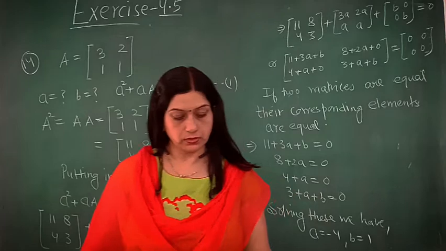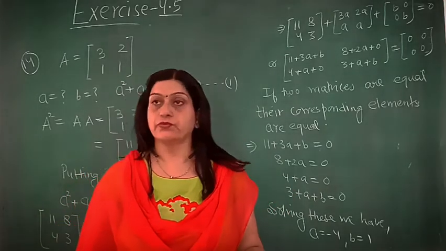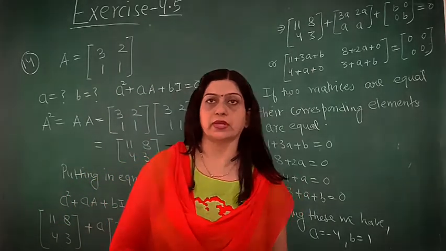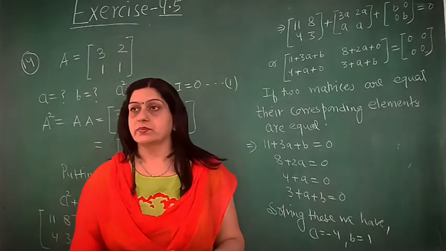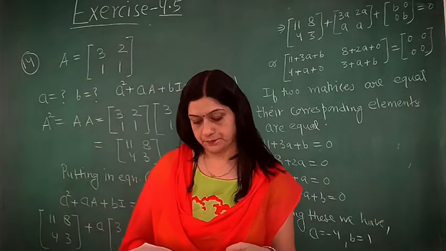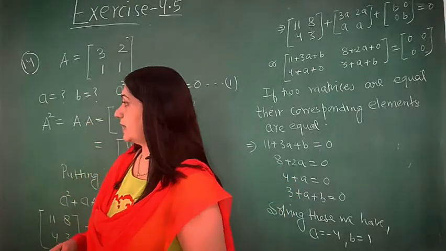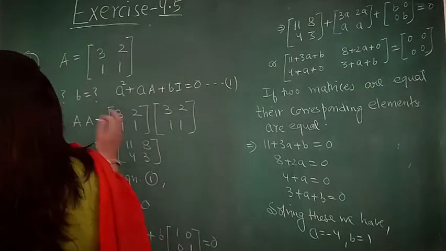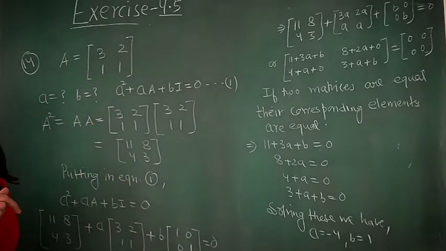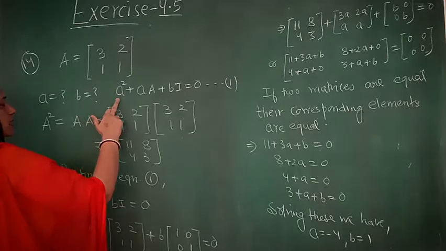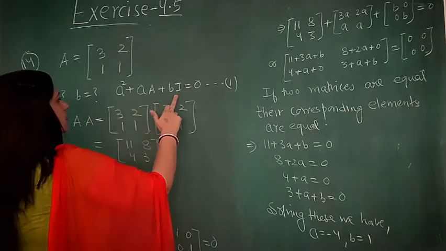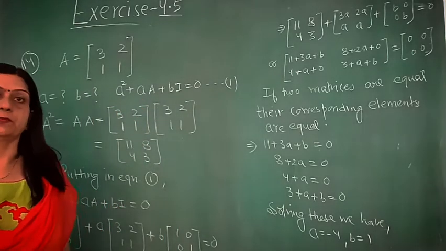Yes. So now come to question number 14. Question number 14 is: you are given a matrix A and you have to find the values of A and B if you are given that A square plus A A plus B I is equal to 0.